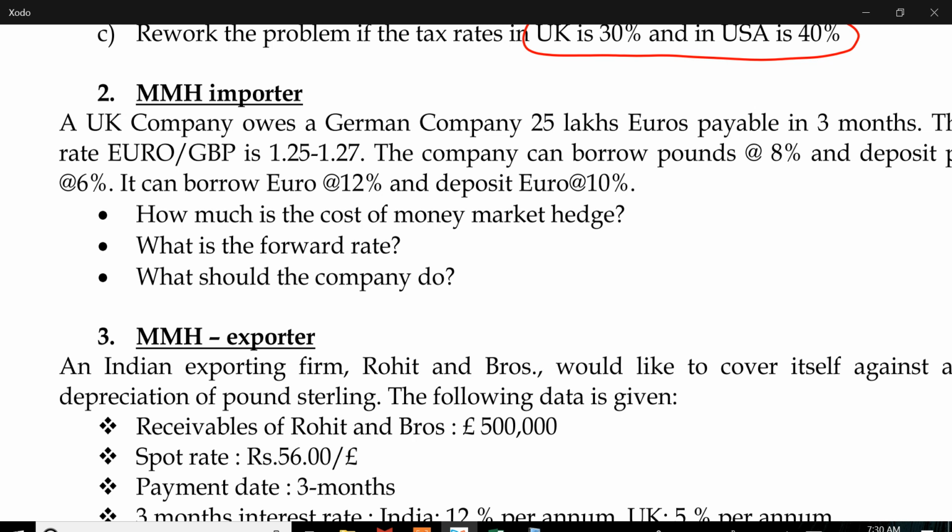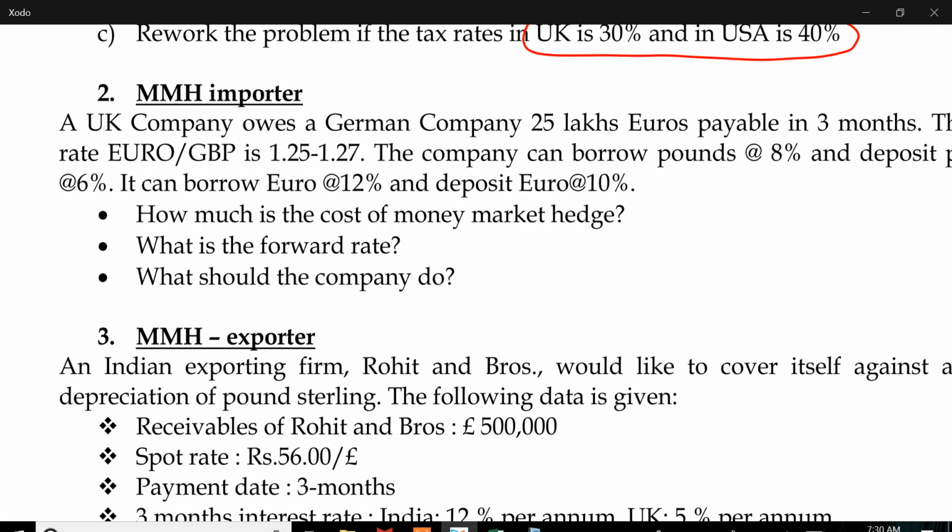Why keep it open? No, that's 1.2561. The MMH is 1.2561. Let's ignore forward contract. Your expectation is that it can be 1.26, it can be 1.24. If it's 1.26 expectation, should you take a MMH or leave it open? Leaving it open has its own set of risks, so that's okay. That's a company's choice.